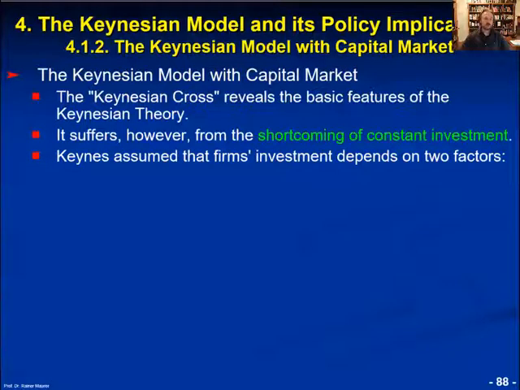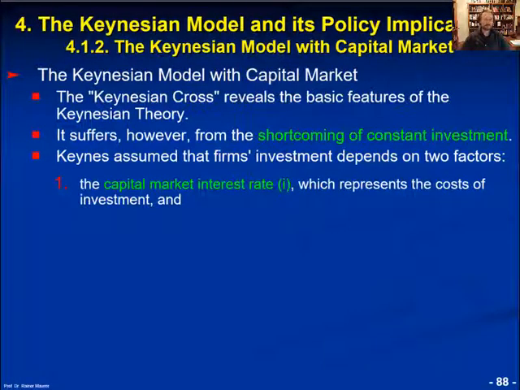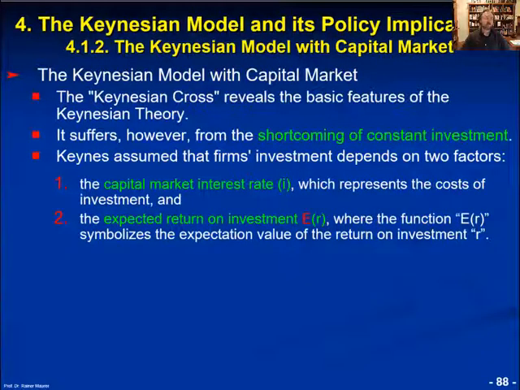Keynes assumed that firms' investment depends on two factors: the capital market interest rate, which represents the costs of investment, and the expected return on investment, for which we use the symbol E. E represents the mathematical expectation value. So E(R) represents the expected return on investment.